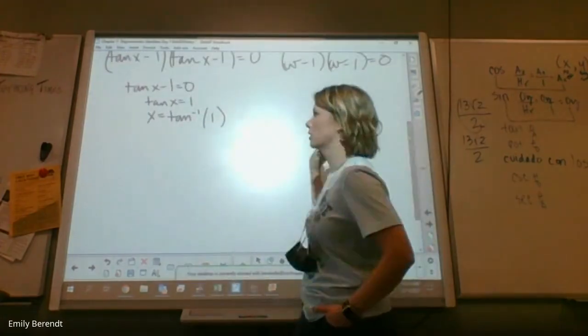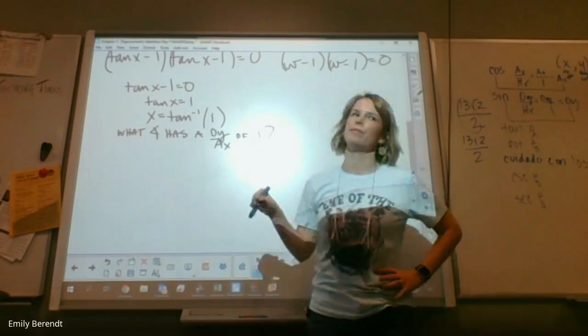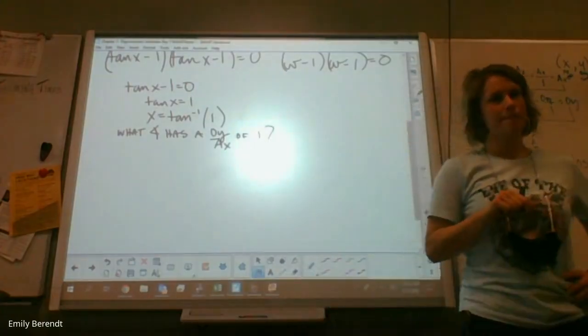So what is this saying? What is this asking? What angle, because x represents an angle, what angle has a, what do we do for tangent? Y over x of 1.